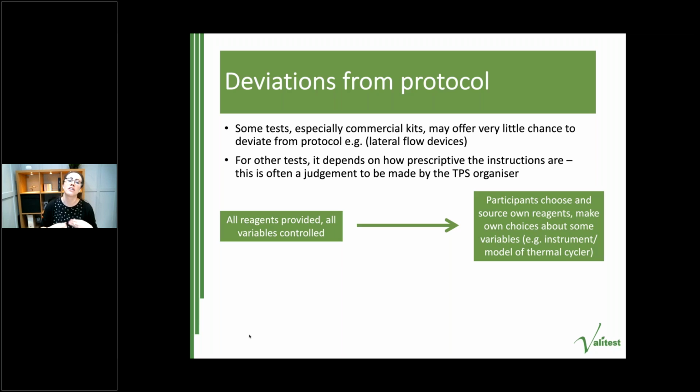And there's a continuum between everything being provided, all the variables being controlled, and you just have to go through the motions, and the participant choosing their own reagents and that kind of thing. So obviously the test is still determined by the TPS organizer, because it's not a proficiency test, it's a test performance study. But there are lots of other choices which the TPS organizer can leave open to the participants if they choose.